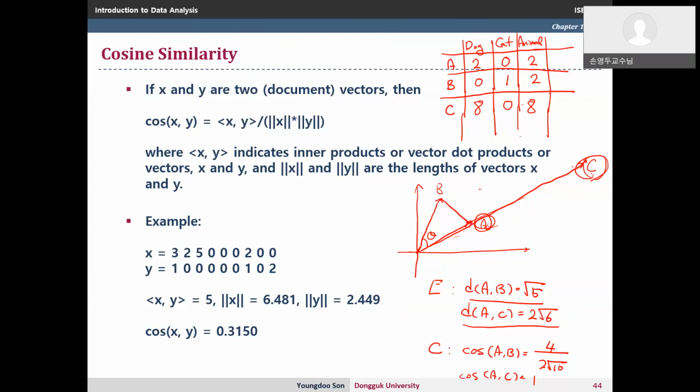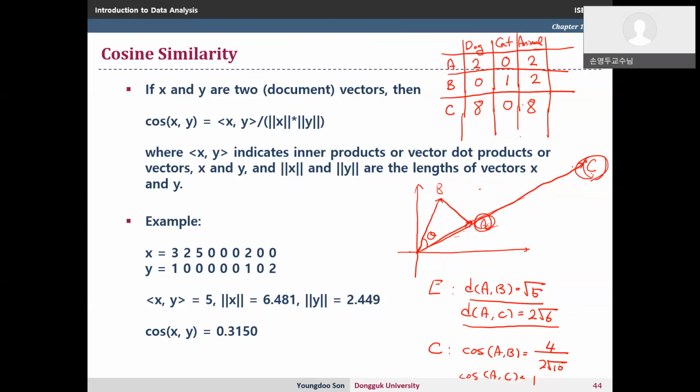However, if we consider the Euclidean distance, A and B are more similar than A and C, so the Euclidean distance or other distance concepts may not be appropriate for this case. So we use cosine similarity, which only considers the directions from the origin for this kind of data.